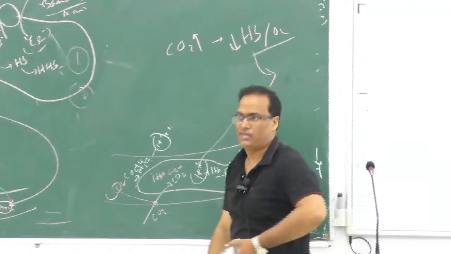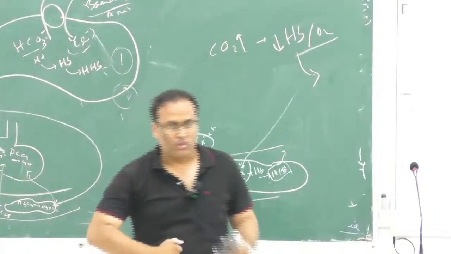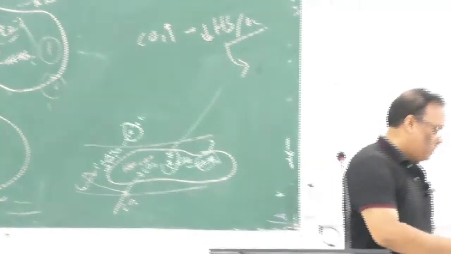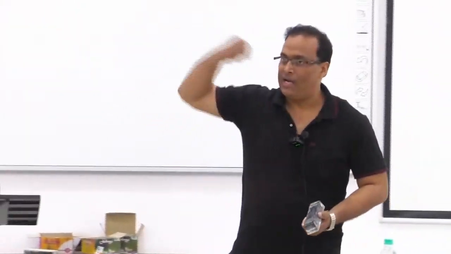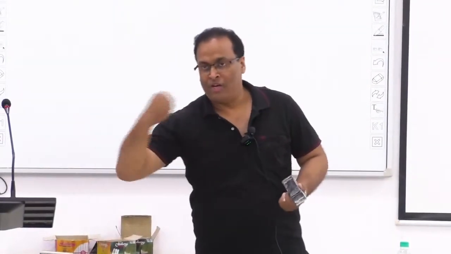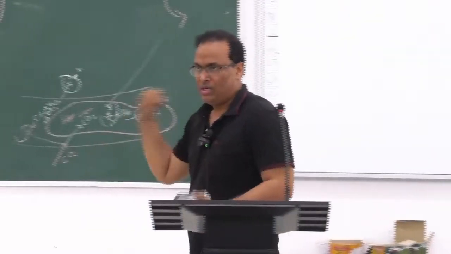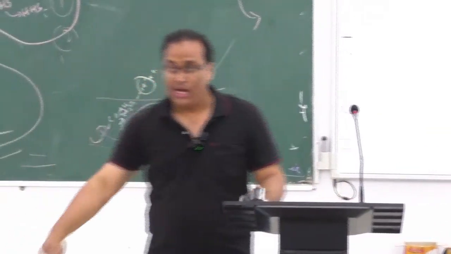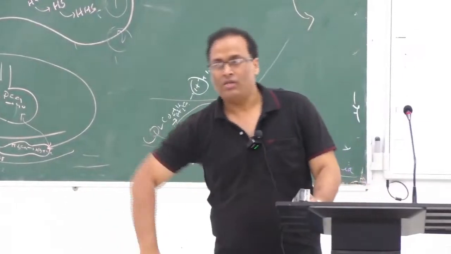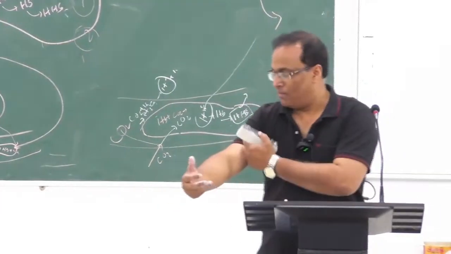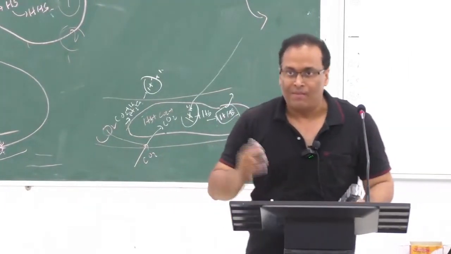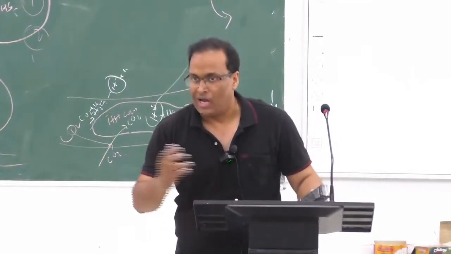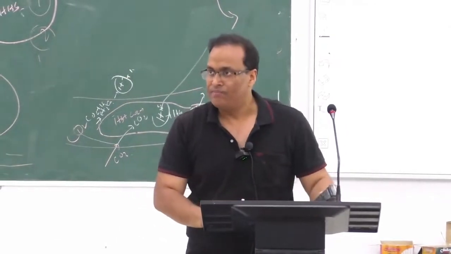Example, muscle exercise. Say you are doing gym, and I am moving my right hand with a dumbbell while keeping the left still. What will change? The change will be here, because the muscle is being used, that means metabolism is going on and carbon dioxide is increasing here.